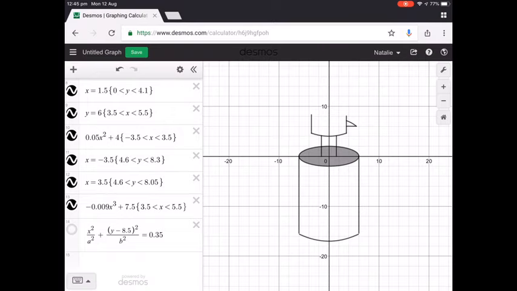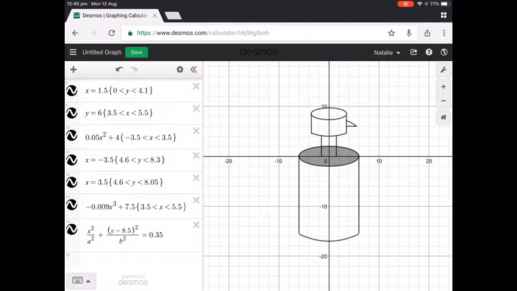I added another pair of parallel lines with the equations x equals negative 3.5 and x equals 3.5. I restricted x equals negative 3.5 from 4.6 to 8.3 so that it could connect to the top part of the logo, and I restricted x equals 3.5 from 4.6 to 8.05 so that it didn't connect to the top part of the logo.